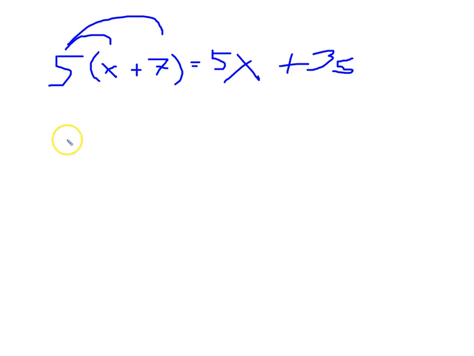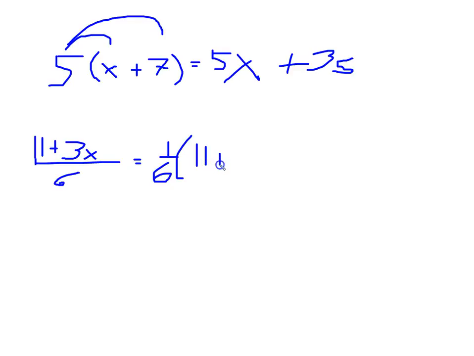They've got this one with fractions that looks like this: 11 plus 3x over 6. And what they want you to do is break that down into 1/6 times 11 plus 3x.